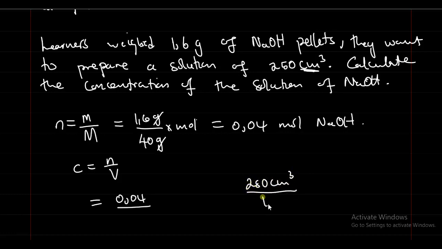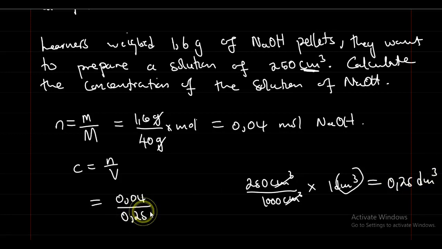We divide by 1000 cubic centimeters and multiply by 1 dm cube, so that cubic centimeter cancels cubic centimeter. We are left with the unit of dm cube. 250 divided by 1000, we have 0.25 dm cube. So here we'll divide with 0.25 dm cube.